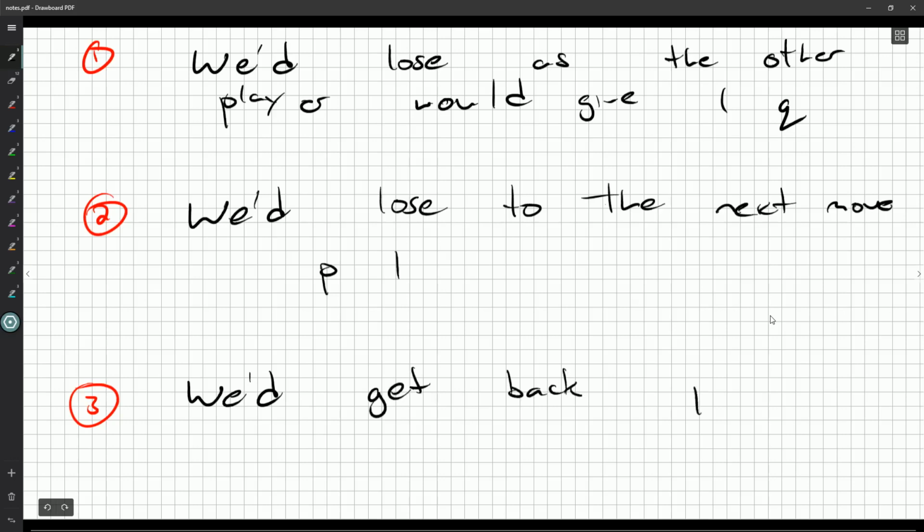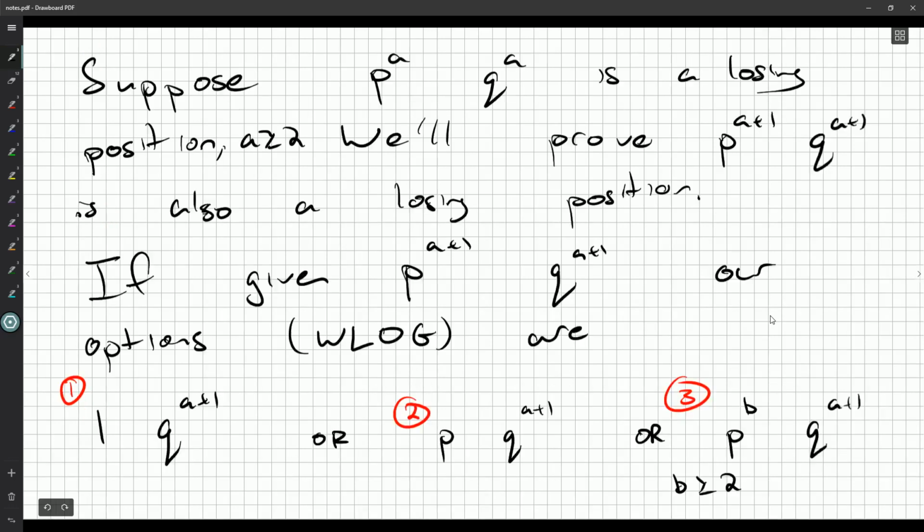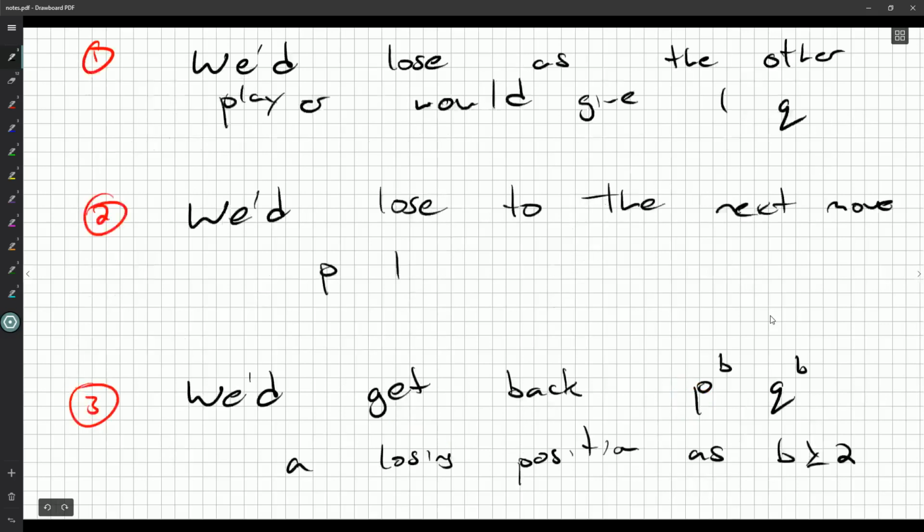We'd get back p^b, q^b, a losing position, as b is said to be greater than or equal to 2. These are the only things that could happen. Of course, there's symmetry. They could instead remove things off of the q pile, but it's all symmetric.